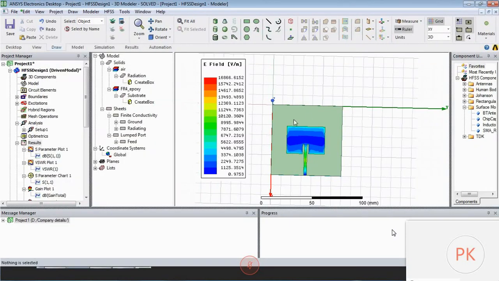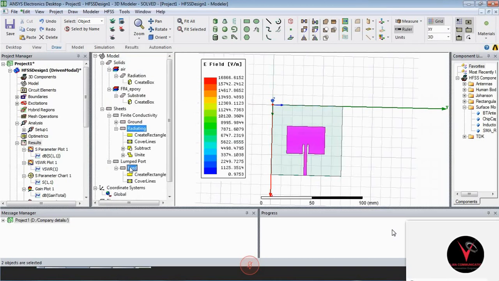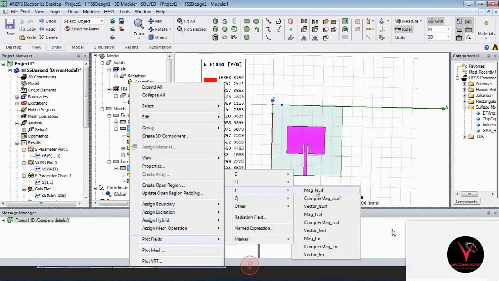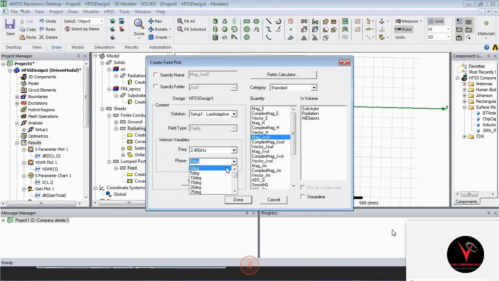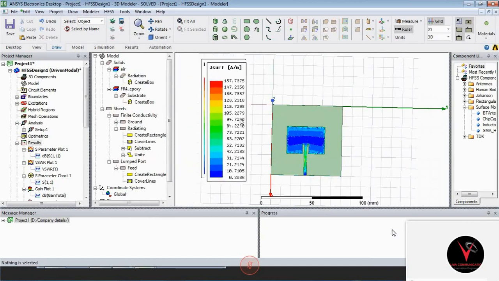So the current density is 0.2 amps per meter to 10.7 amps per meter.